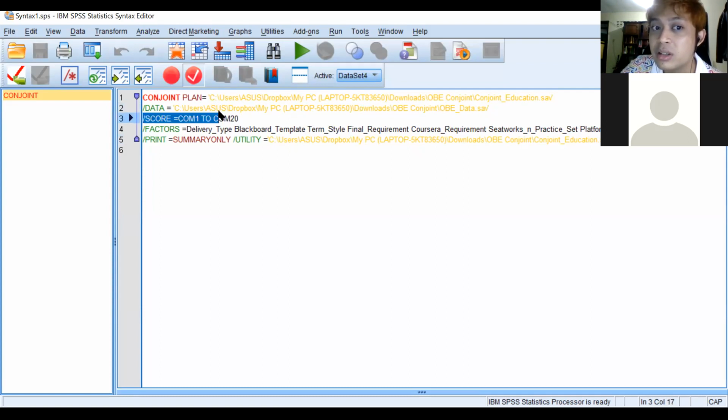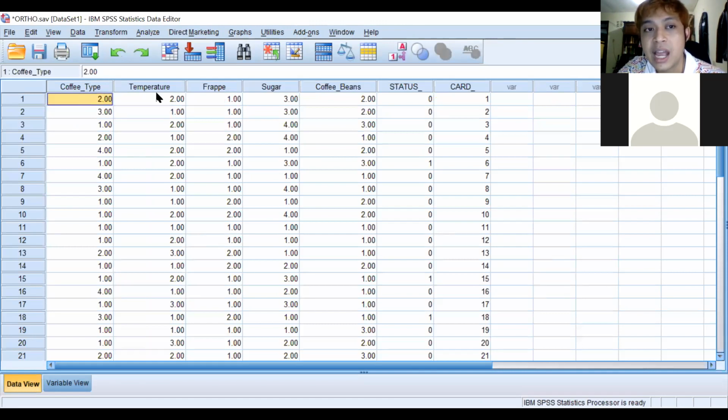So the data and the conjoint plan are two different data. It's split into two different SPSS files. You got what I'm talking about, right? When you see this one, for example, this is the coffee type, temperature, frap, sugar. This is vertical.